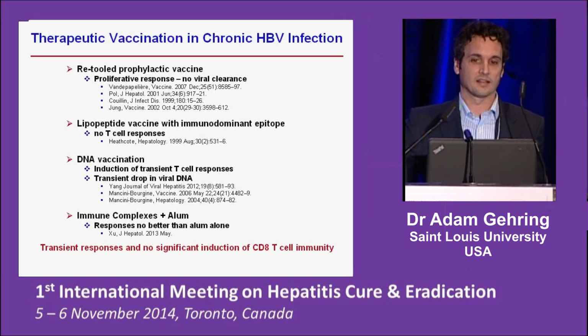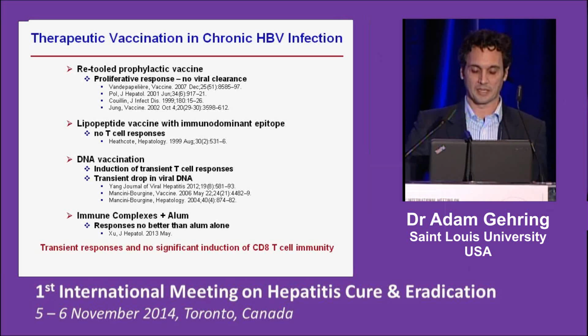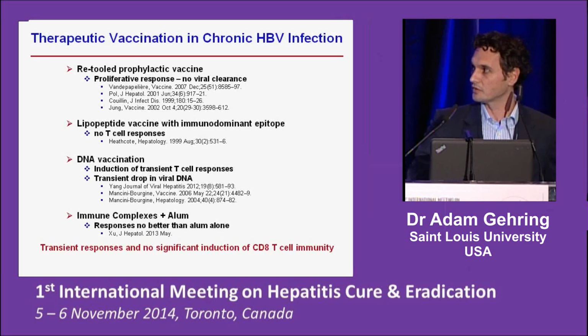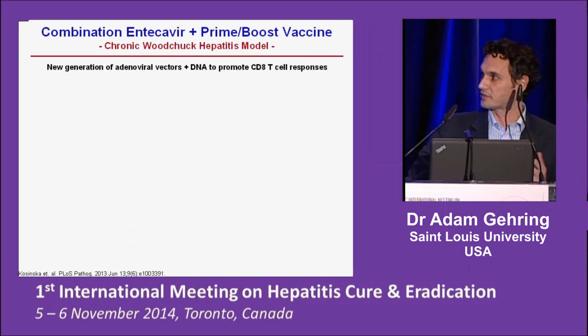The caveat to this is they have to hit these animals with many, many doses of the vaccine. So you can see they give, it's hard to read actually, I'm sorry about that, but it's 3 doses of a DNA vaccine alternated by 4 doses of an adenoviral vaccine, and then coming back with 2 DNA vaccines, all in the context of antiviral therapy.